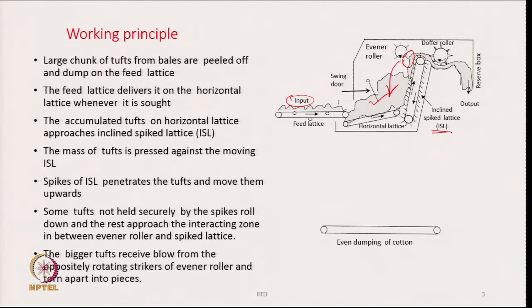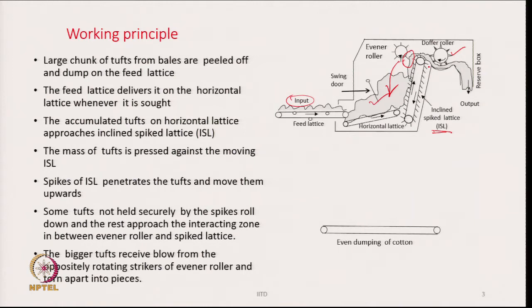Once it crosses this zone, there is a roller over here, that is the Doffer roller, or we can say stripper roller. What it is doing is this: the stripper roller or the Doffer roller will remove the tufts from the spikes of the inclined spike lattice.